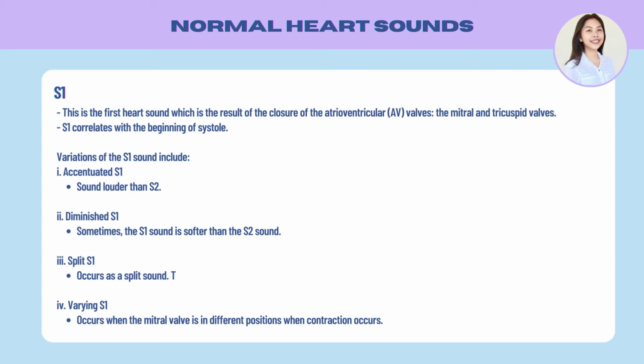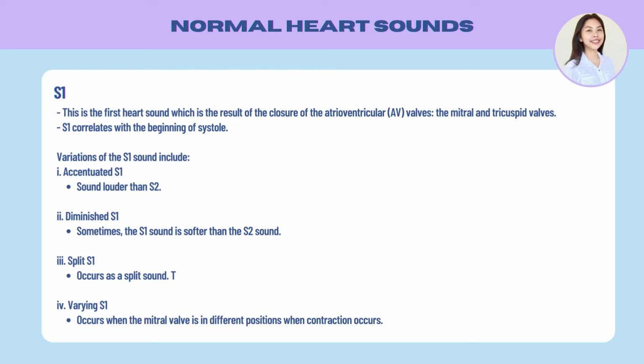For accentuated S1, this sound is louder than S2. It occurs when the mitral valve is wide open and closes quickly. Examples for accentuated S1 include hyperkinetic states and mitral stenosis. For diminished S1, sometimes the S1 sound is softer than the S2 sound.